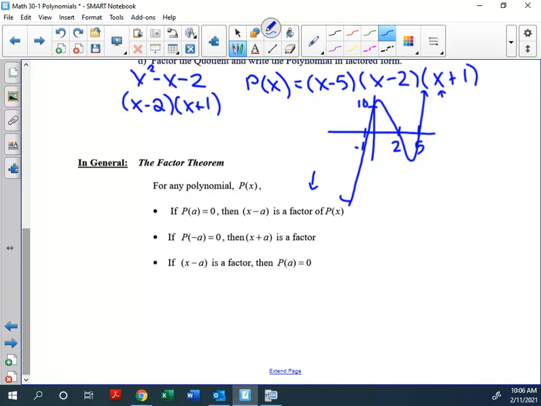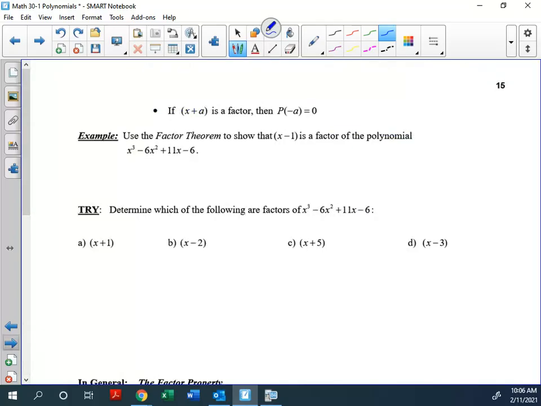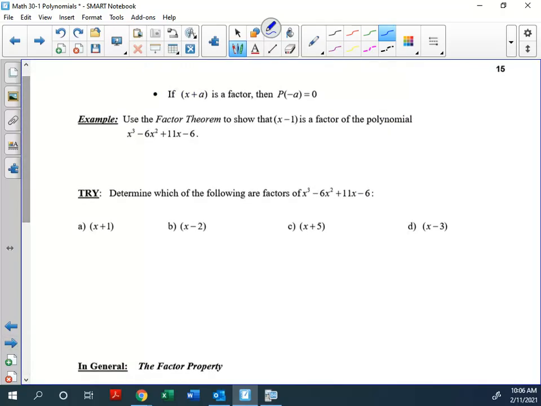So basically understanding you're using a root, and you have to do that opposite sign. If x minus a is a factor, then the polynomial is equal to 0 according to the factor theorem. Baby step, like I said. This is not a huge, huge theorem. And if x plus a is a factor, then the polynomial at negative a is equal to 0.